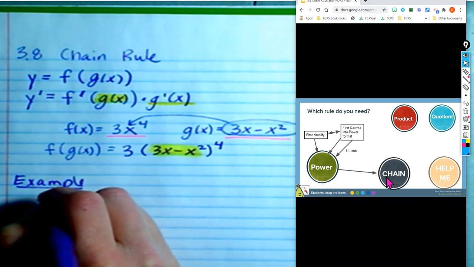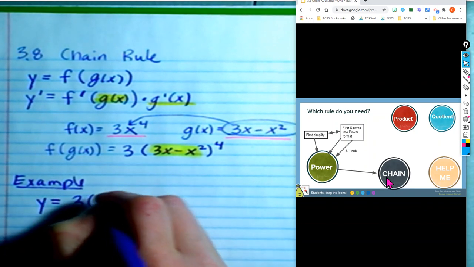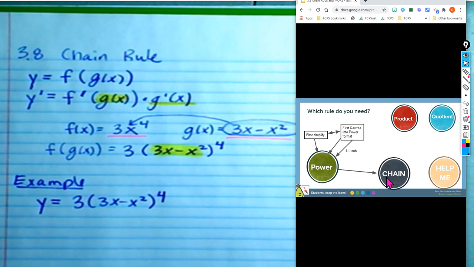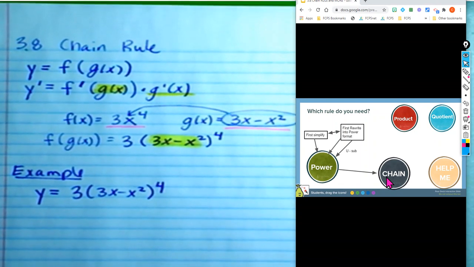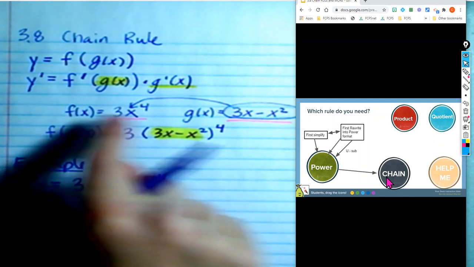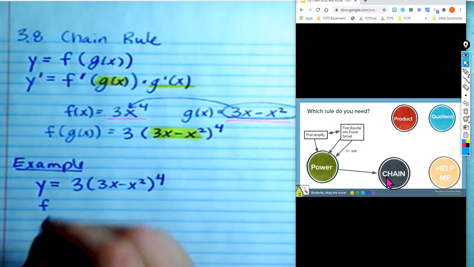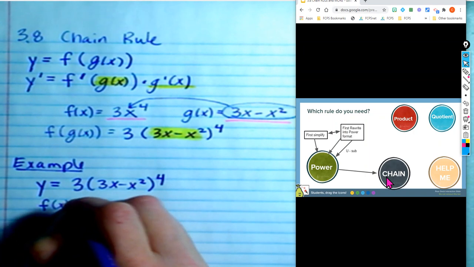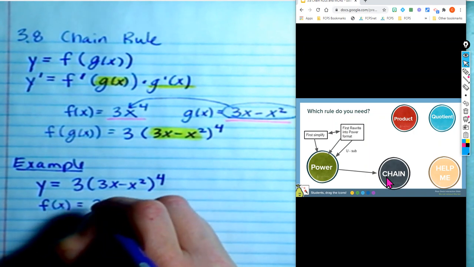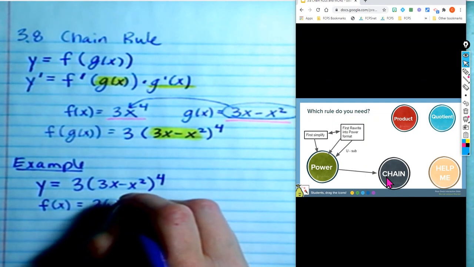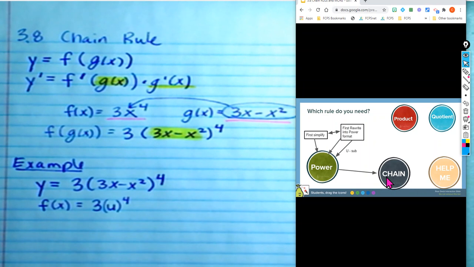We're going to start with this part right here. I know that some people really prefer the f and g format, so I'm going to rewrite this with f and g. F and g are kind of tricky. Okay, f of u equals 3u to the fourth. I like u because I don't really want to reuse x.